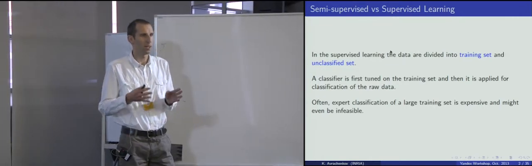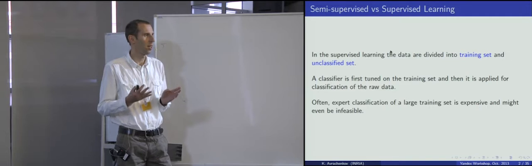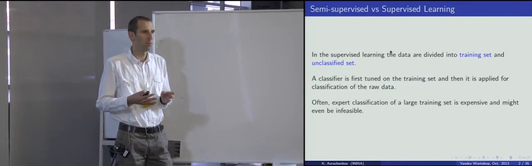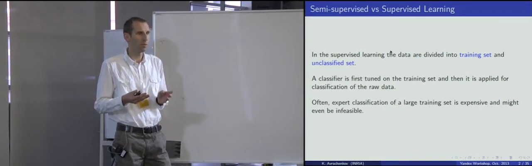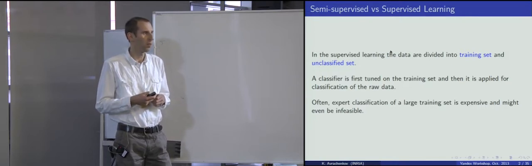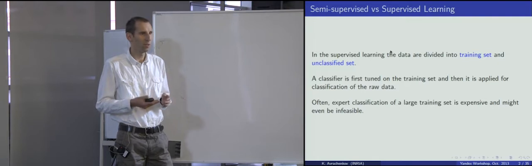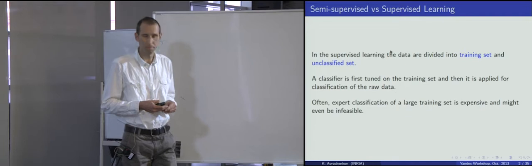So this stage of training a classifier could be very demanding, in particular if we have a lot of data and we need the work of live experts to perform classification.